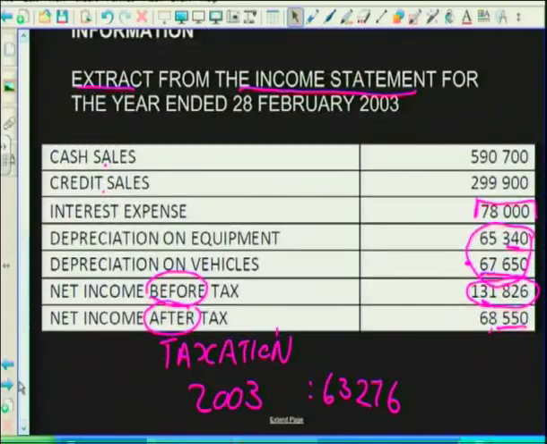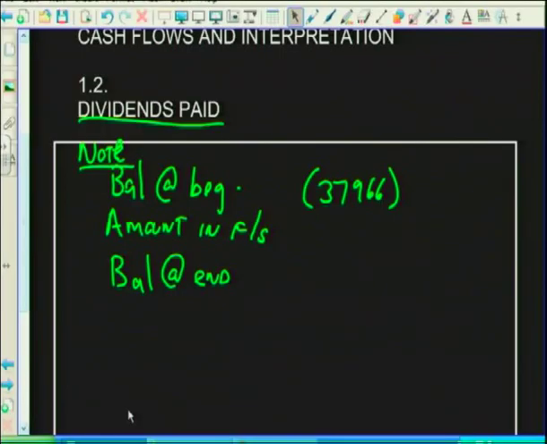There is no additional information about ordinary share dividends. So which means, let's go back to the question. Right, which means amount in financial statements is not given to me. So I'm going to just let that be an X. I have no idea what that amount is. What is that total ordinary share dividends for the year?